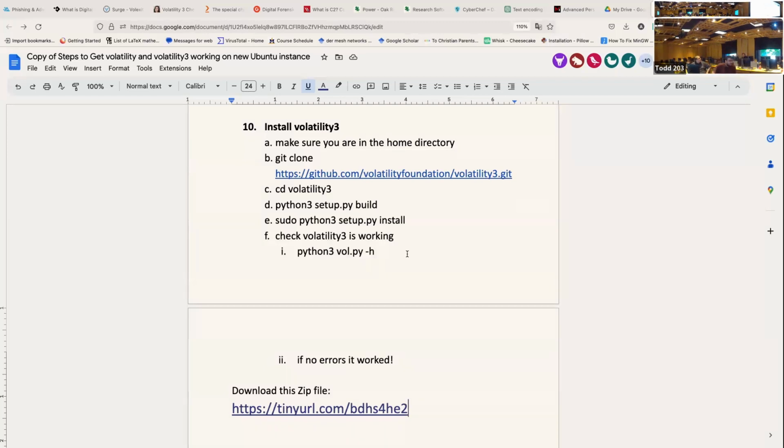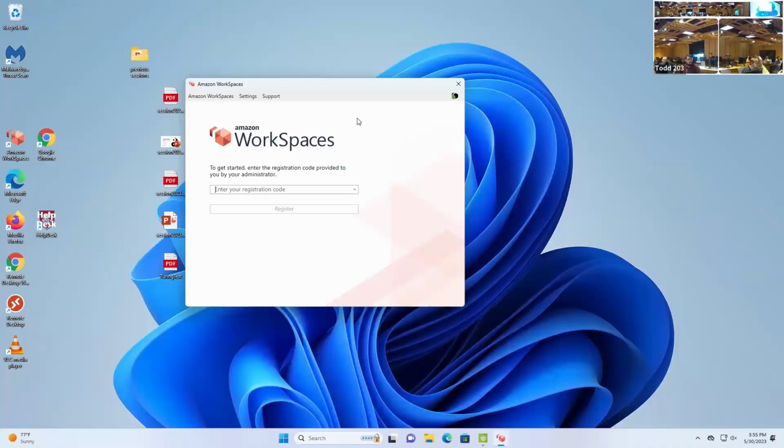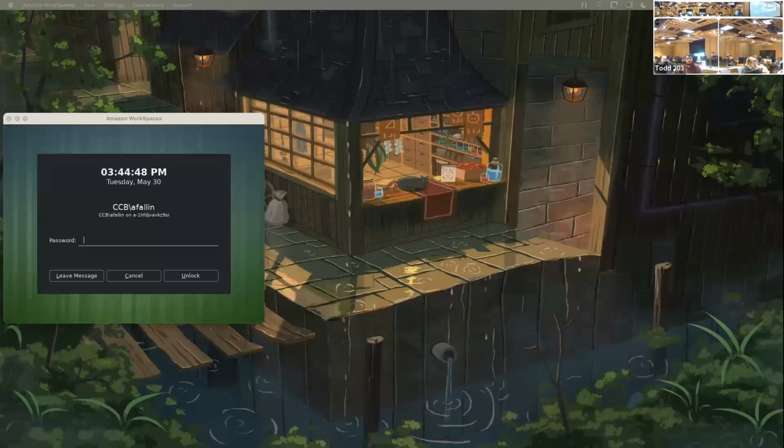It's not working with a couple of plugins, like the Yarascan one. Some of those might not get loaded. Yarascan says it can't find Yara. I hope that's not going to be an issue.